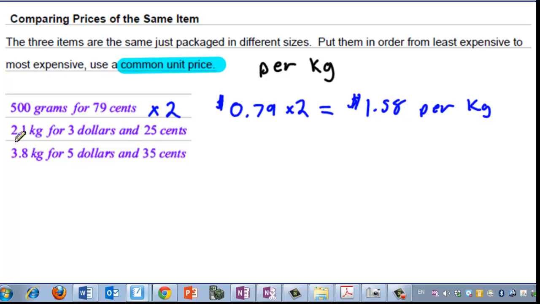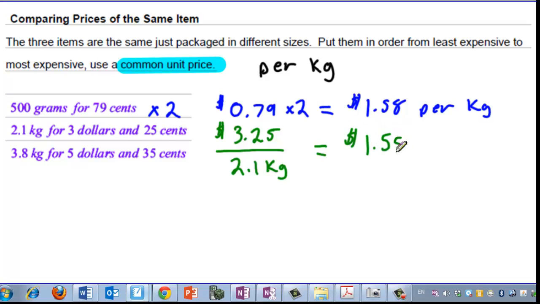If we are purchasing 2.1 kilograms for $3.25, we need to look at the $3.25 and divide that by 2.1 kilograms, which results in a unit cost of $1.55 per kilogram.